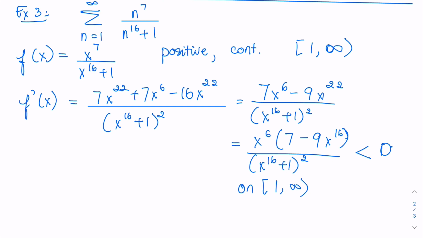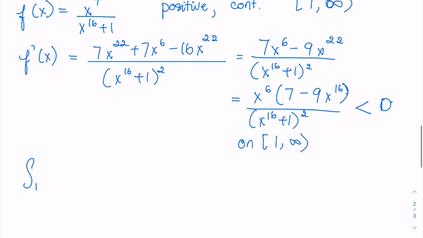Therefore, it's decreasing. Now we're going to apply the integral test. For the integral test, we have from 1 to infinity the integral of x to the 7 over x to the 16 plus 1 dx. So we're going to have to take the limit as t goes to infinity.